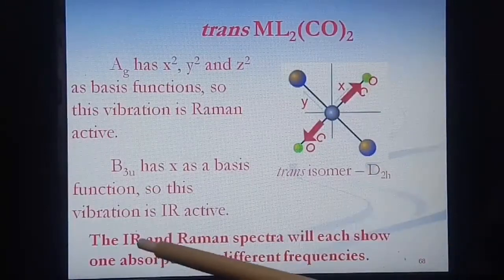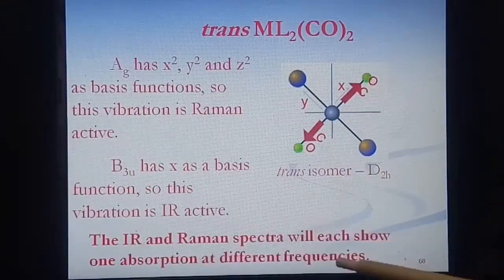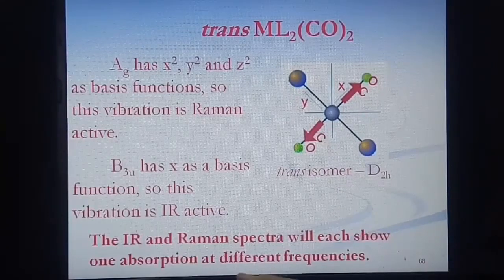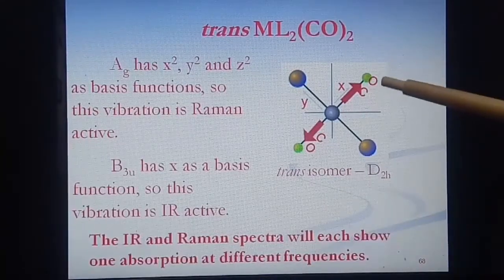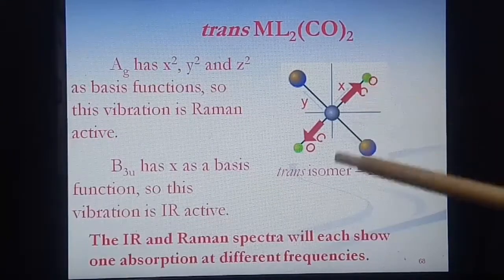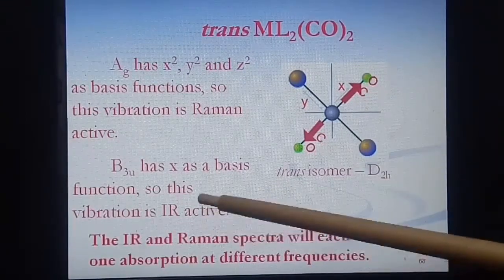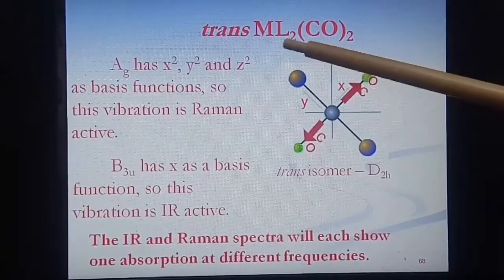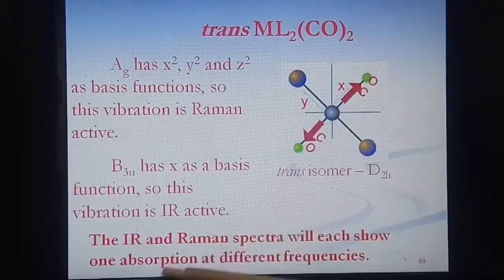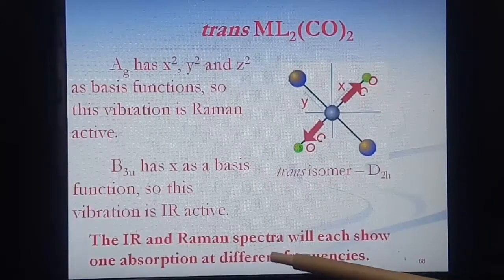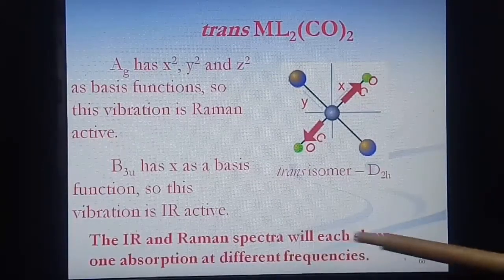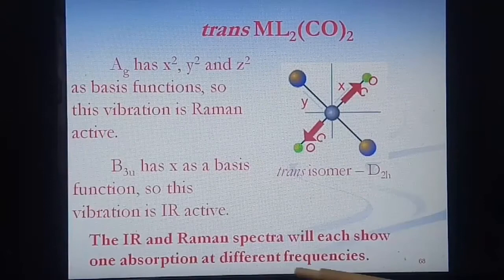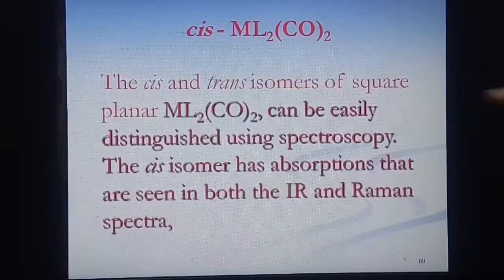So the IR and Raman spectra will each show one absorption at different frequencies: one frequency in the IR spectrum and one in the Raman spectrum. So in trans-ML2(CO)2, the IR and Raman spectra each show one absorption at different frequencies.